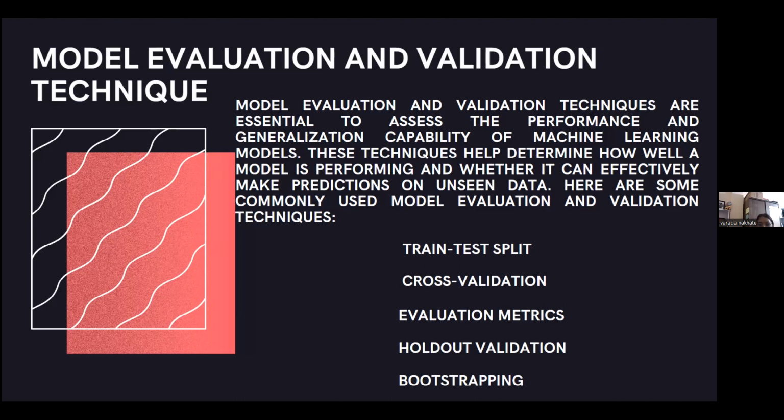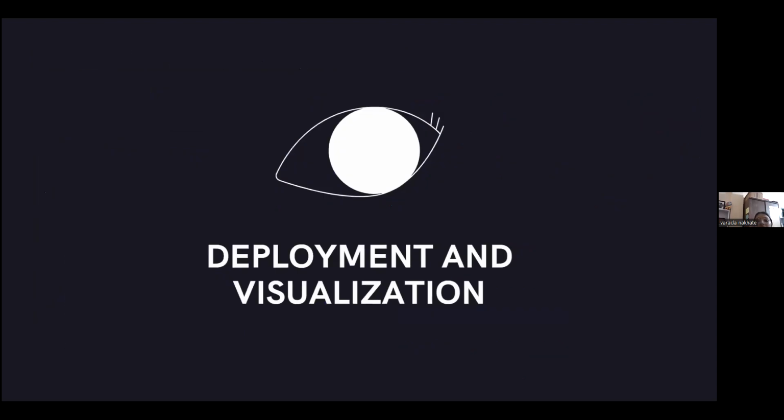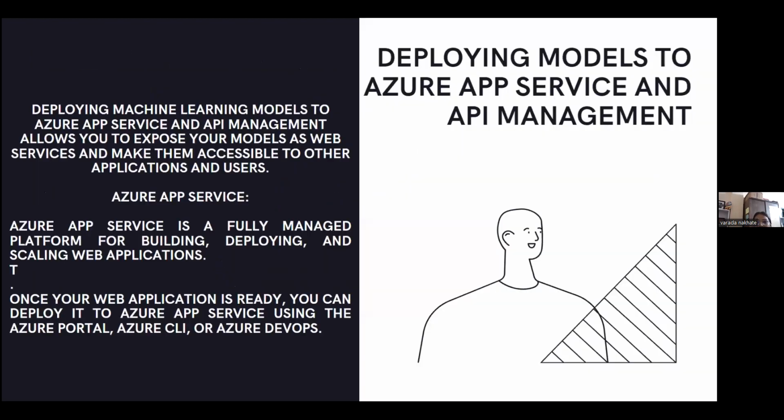Similarly, all the other techniques mentioned here are used for model evaluation and validation, which helps us tell how accurate the model actually is, and how well the predictions are being made.